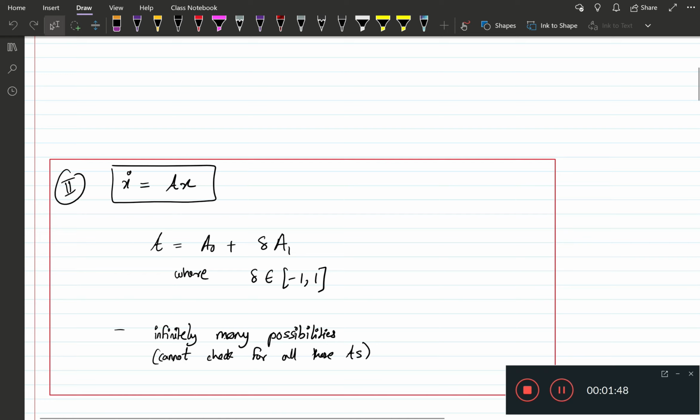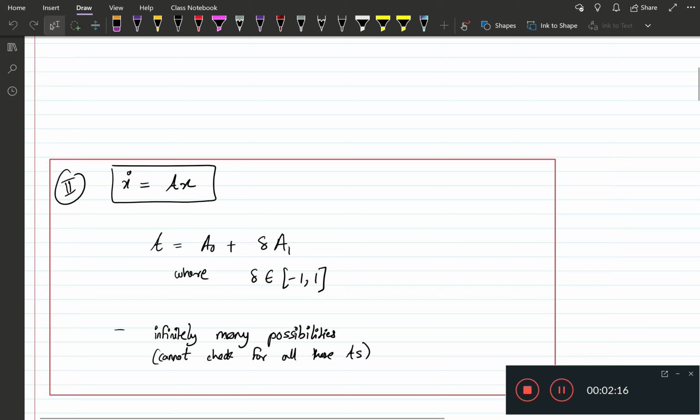Now alternatively we could have again a system of this form x dot equal to calligraphic A x, where A is uncertain, but we know that A is of the form A0 plus delta A1, where A0 and A1 are known matrices and delta can be between -1 and 1. That's just a real number between -1 and 1.